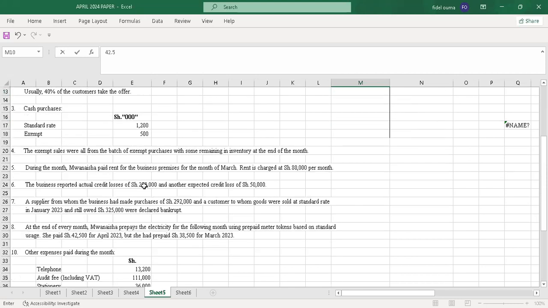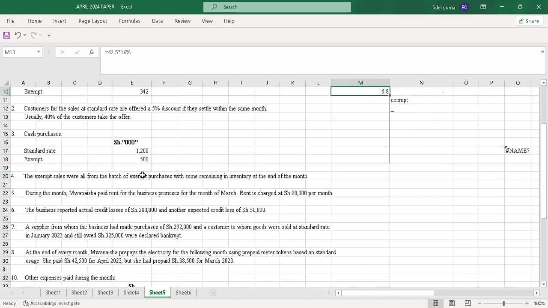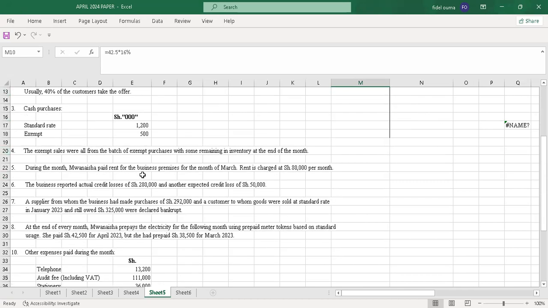So if it's 42,500, then it will be 42.5. So I'll multiply that by 16%, because there's VAT of 16%. So I'll introduce the equal sign, this equals to, then I enter. So I'll have 6.8 as the VAT.